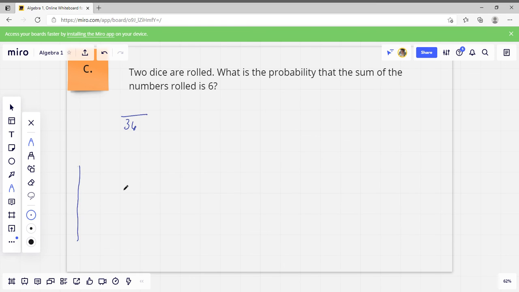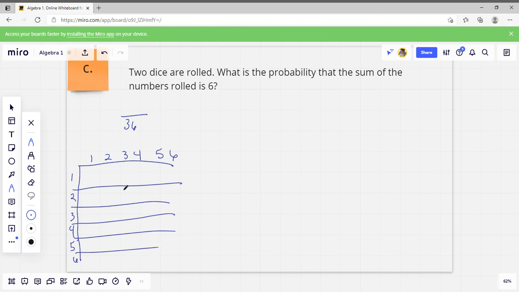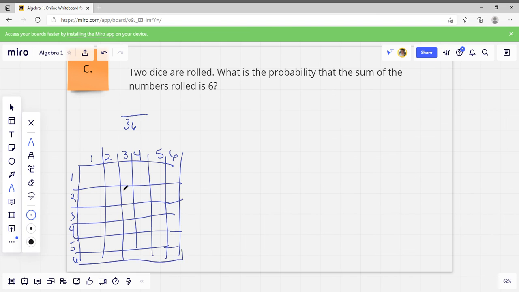I guess that's probably the easiest way to do this. 1, 2, 3, 4, 5, 6. That's sloppy, but it'll have to work for now.